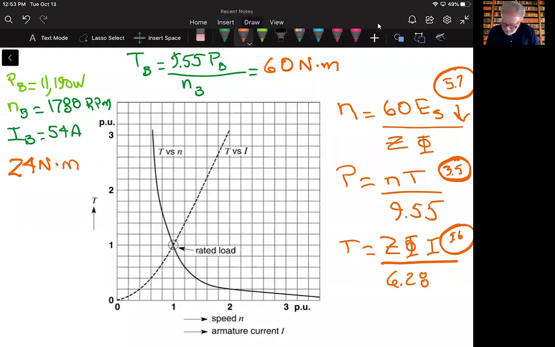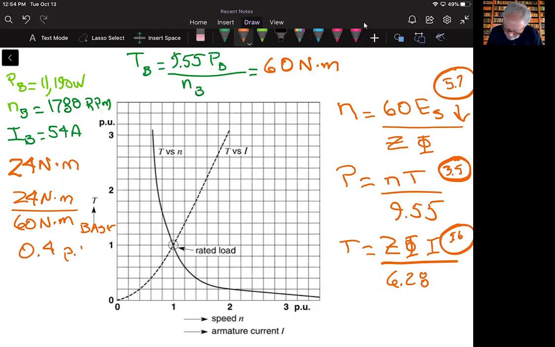So if you remember, if 60 Newton meters is the base, and we're dealing with 24, this is our base, right? You just do the division, 24 divided by 60, and I get 0.4 per unit.